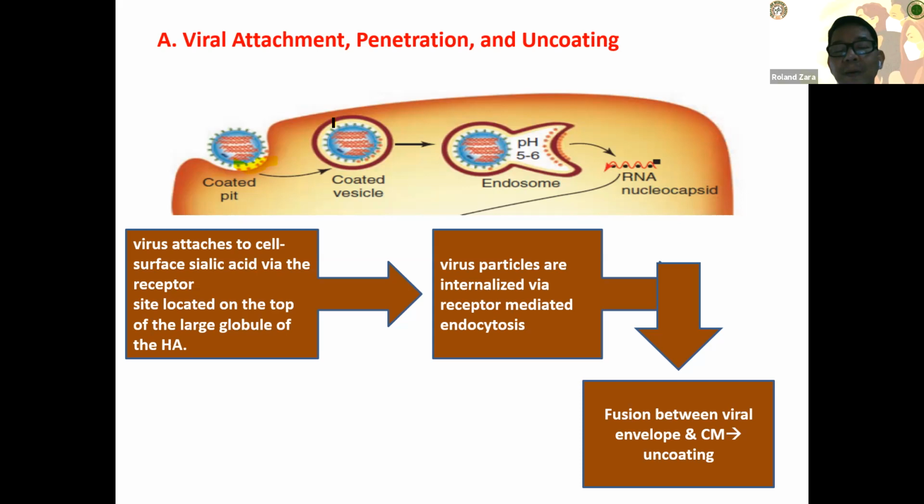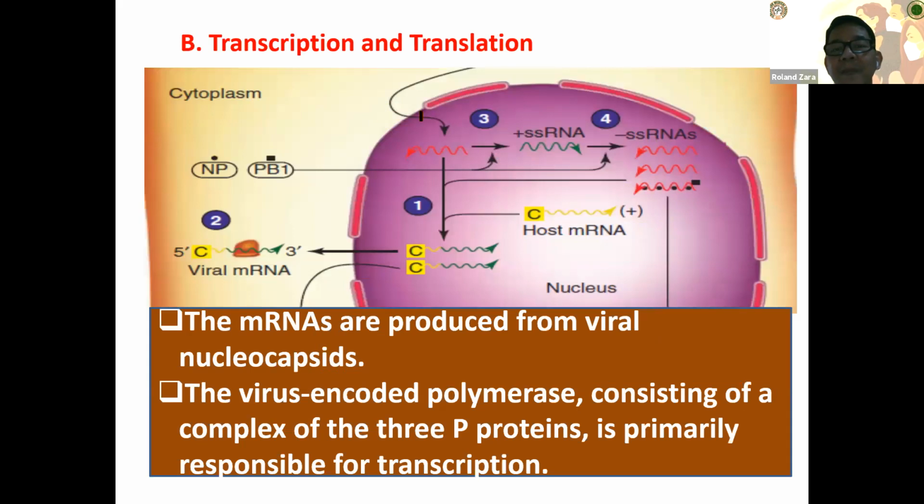It undergoes endocytosis, forming a coated vesicle. This vesicle interacts with the lysosome, and the lysosome releases its enzymes, which have an acidic pH. Once it releases the enzymes, the ribonucleic acid, the nucleocapsid, are released. Once they are released, they get inside the nucleus.